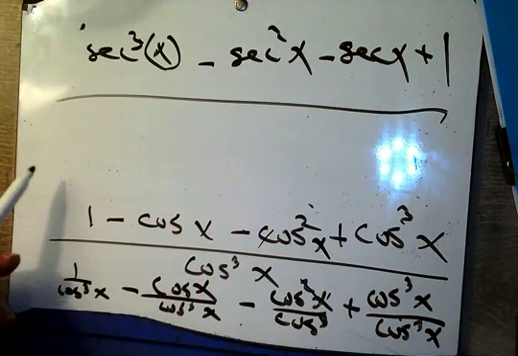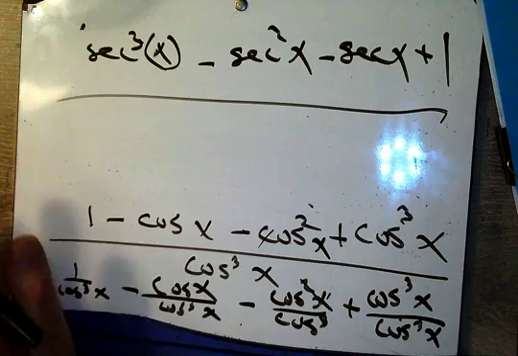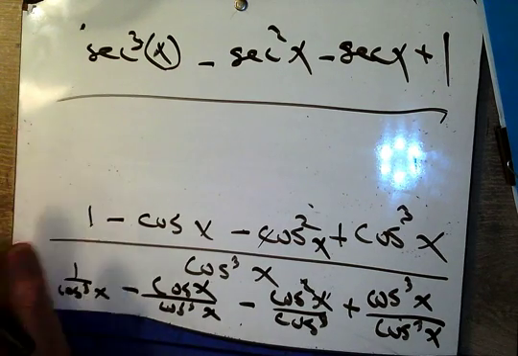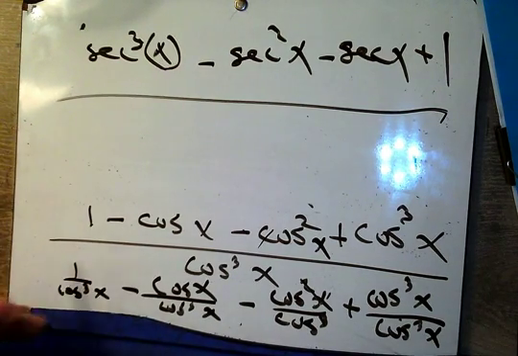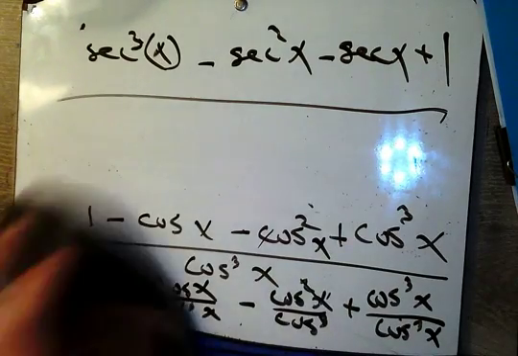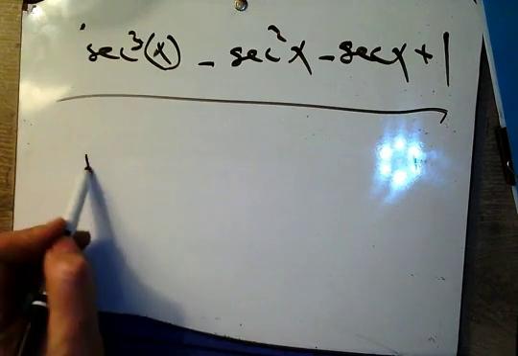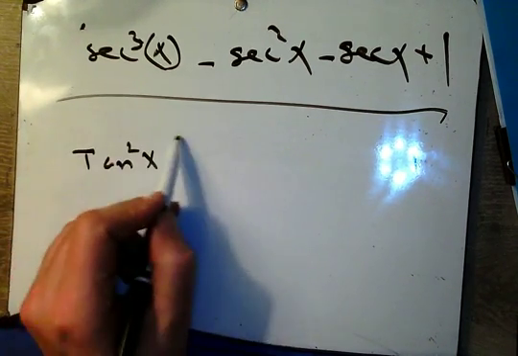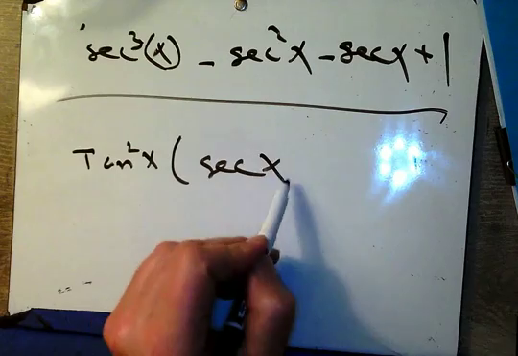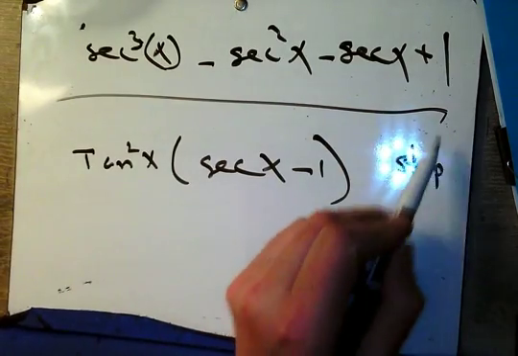And that's where we started, which is why I really like the third unit in this video that tells me what it should look like when I'm done, because wow, I ended up making a really big circle there. So remember when we had gotten to this point, tangent squared x times secant x minus 1? Yeah, I'd stop there. Stop.